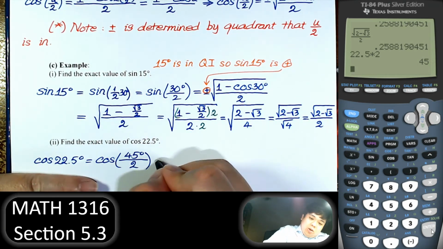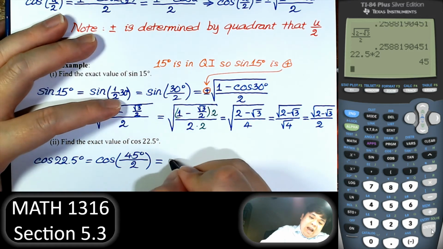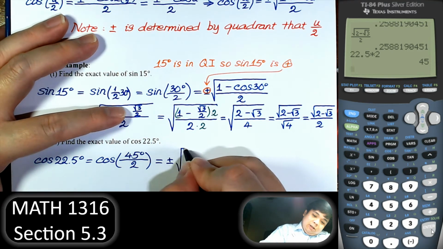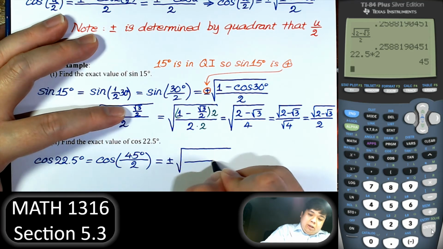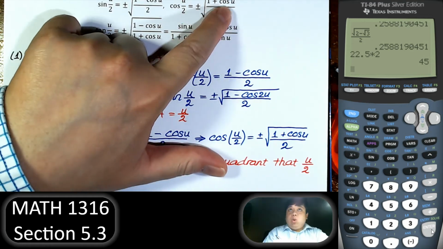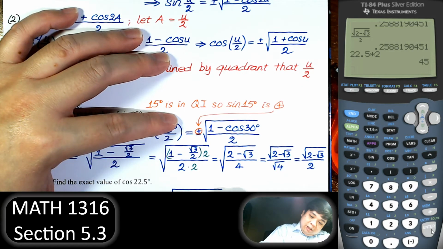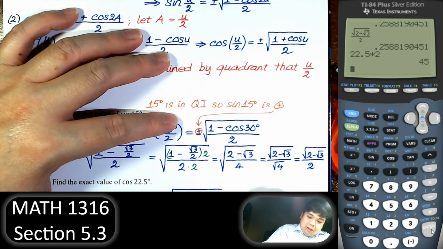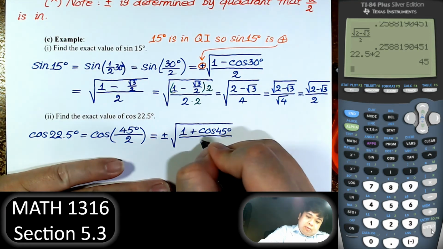Right? So half angle identity, plus or minus. For cosine, it's going to be 1 plus cosine of the full angle, of the whole angle, divided by 2.